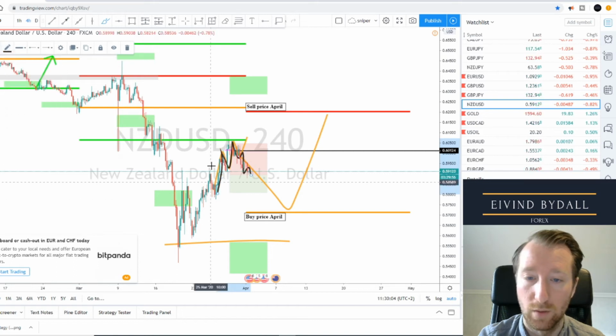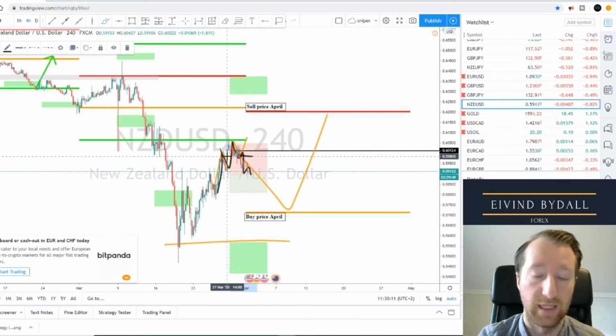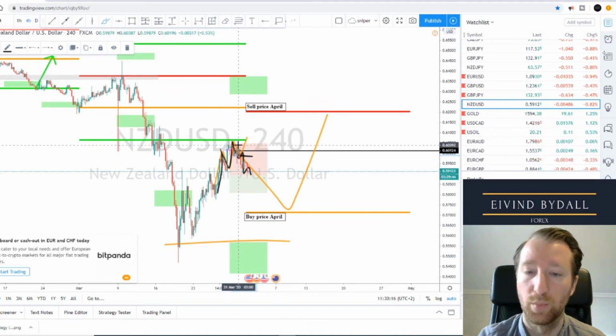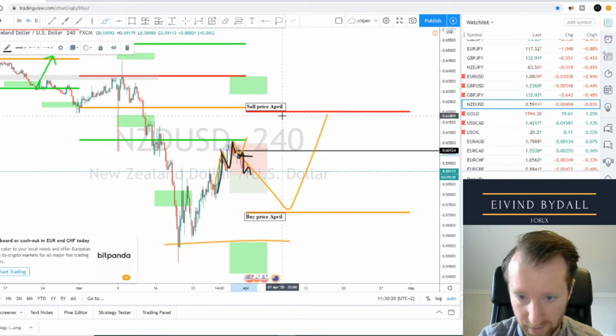Okay, so that's a very technical break here, very important for you. As a buyer or seller? As a seller? Yeah. As a buyer? Okay, stop, wait. Let it reverse again to the upside.